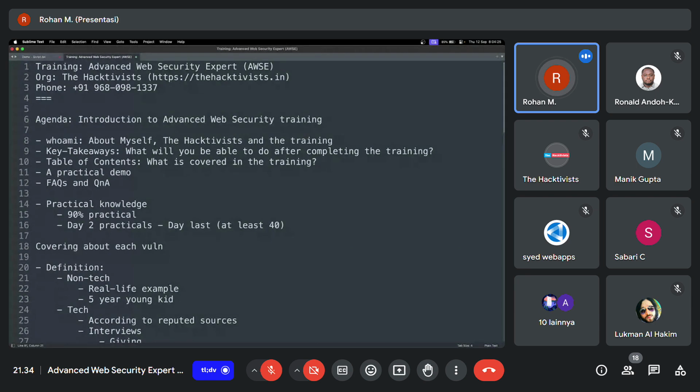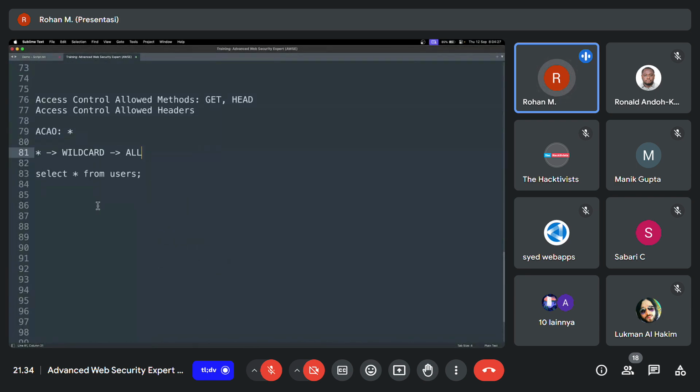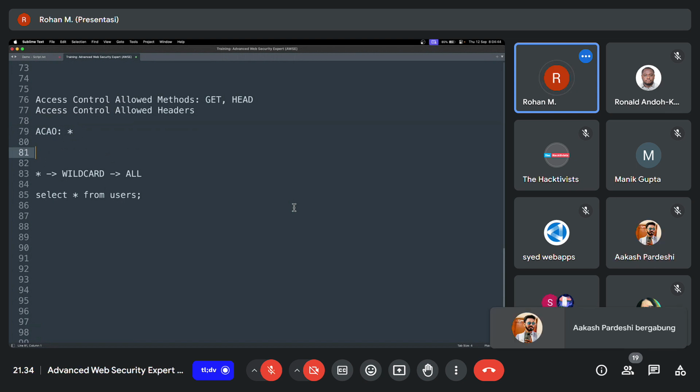So here also asterisk means all of the origins which want to access the response can do that. Because in the server of our target application, ACAO, that is access control allow origin, has been set to asterisk, all of the origins are allowed.